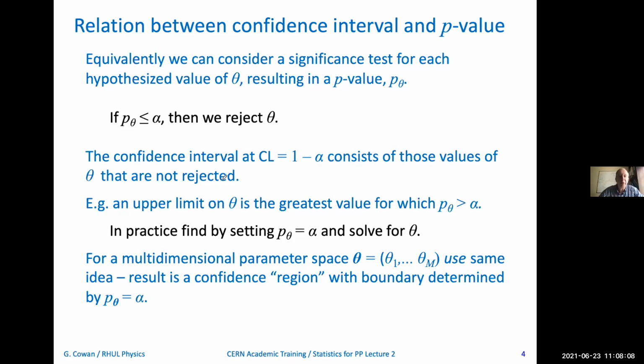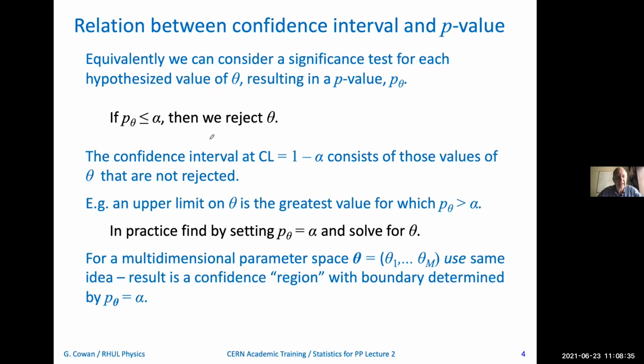So what we can therefore say is that this confidence interval is simply the set of parameter values for which the p-value is greater than alpha. That's an equivalent way of saying the same thing I said on the previous slide. All right, so for every value of theta, you can compute the p-value. If it's less than alpha, you reject it. It's outside the confidence interval. If it's greater than alpha, you don't reject it. It's inside.